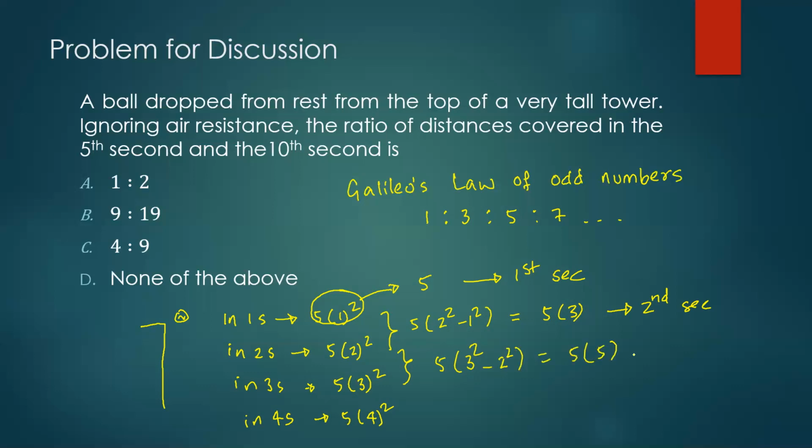If you look at these numbers, they're in the ratio of 1 is to 3 is to 5. So all we have to do is, the distances covered in the 5th second and the 10th second will be in the ratio of the 5th odd number and the 10th odd number. What is the 5th odd number? 9. What is the 10th odd number? 19. So the answer is B. You understand?